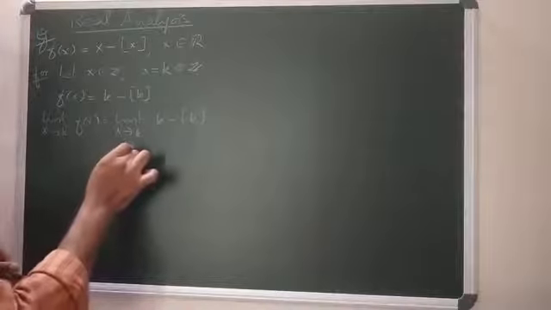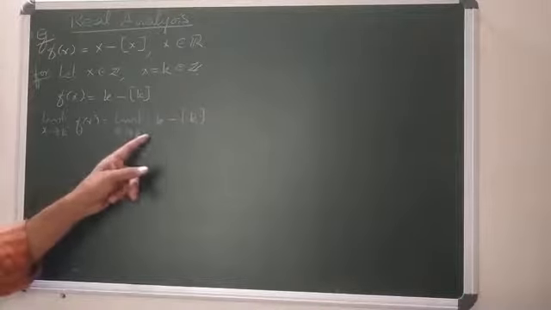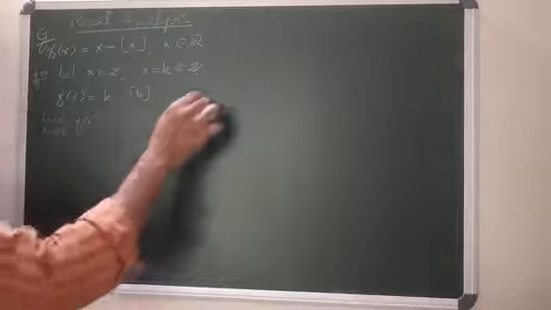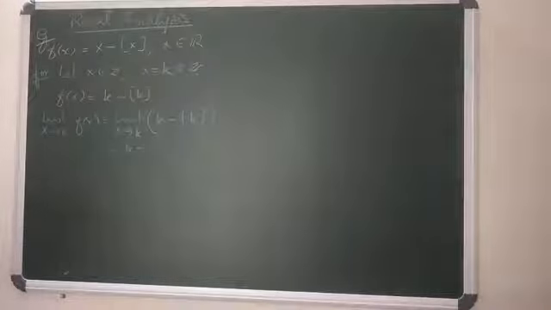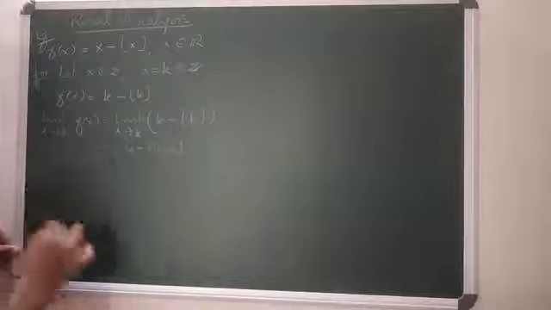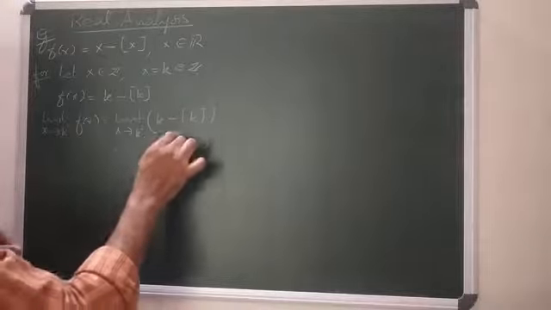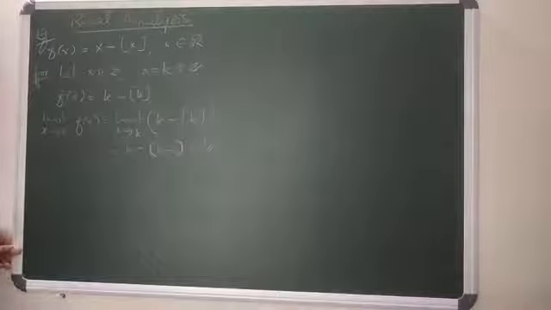What is the greatest integer when x tends to k minus? x tends to k minus means x is strictly less than k. So the respective integer part is k minus 1. So it is k minus (k minus 1), which equals 1 itself.